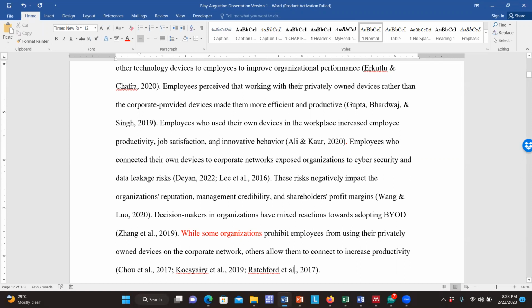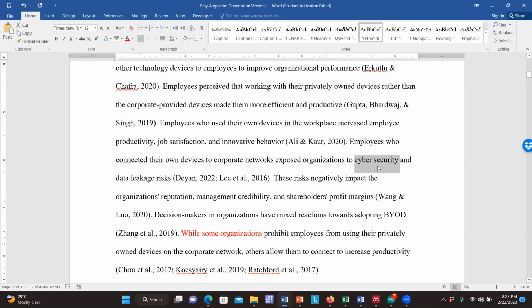Now here, employees who connect their own devices to corporate laptops expose the organization to cybersecurity and data leakage risks. Now a different concept has been connected to what? Security issues with the BYOD device. So take note, these risks are now explained. But you see, this one is also within that same purview of what?